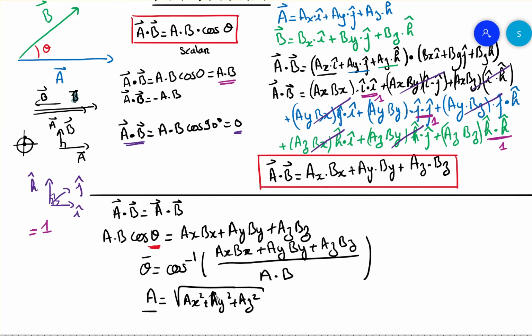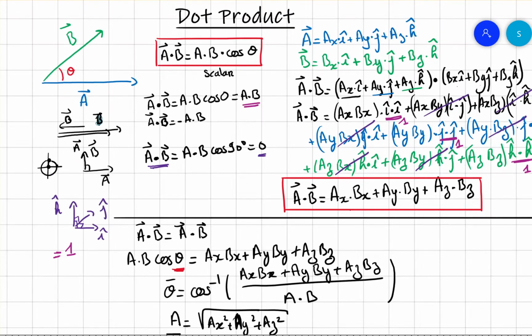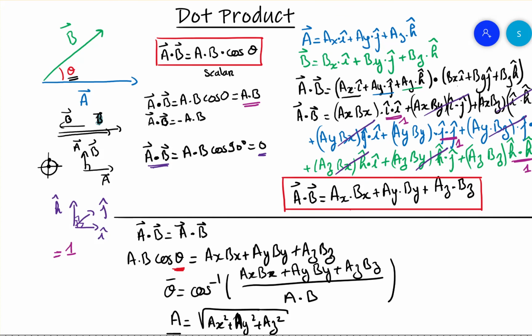And the magnitude of b is the same thing: bx square plus by square plus bz square. So if you know the coordinates on x, y, and z of two vectors, you are able to find the angle between both of them. So this angle theta, this one, using the dot product. So that's this important formula there.